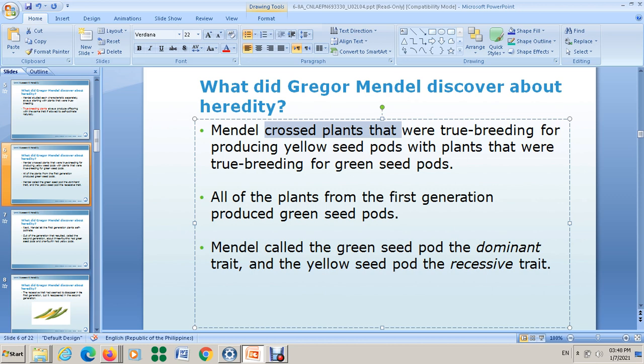All of the plants from the first generation produced green seed pods. This is about pods, but last time I explained with you about the seeds only. Mendel called the green seed pod the dominant trait, because in the first generation all of them are green and yellow disappeared. For the yellow seed pod, he called it the recessive trait, because it disappeared in the first generation.